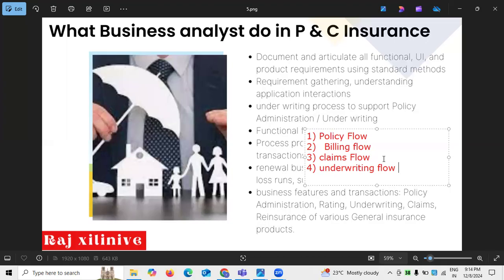If you go back to healthcare, the same point I told you is repeated here. Irrespective of the domain you are talking about, it can be healthcare, insurance, banking, financial services, or capital markets.